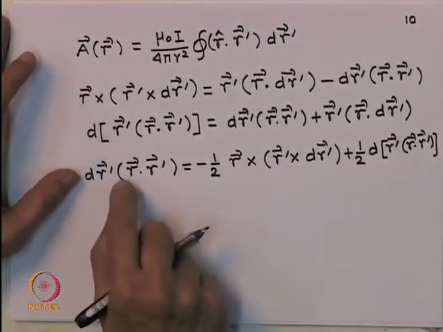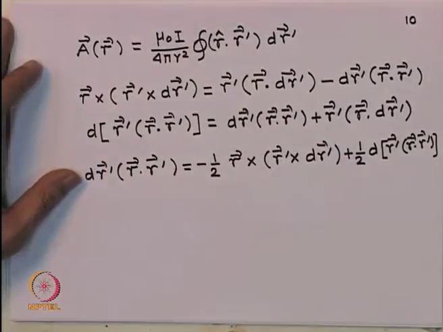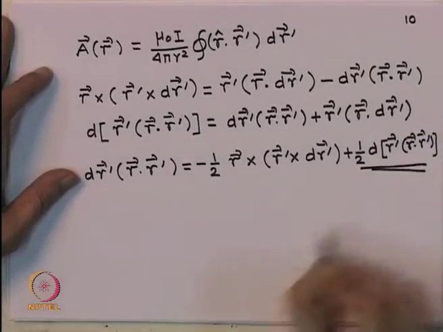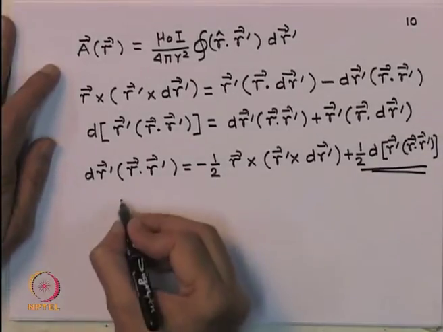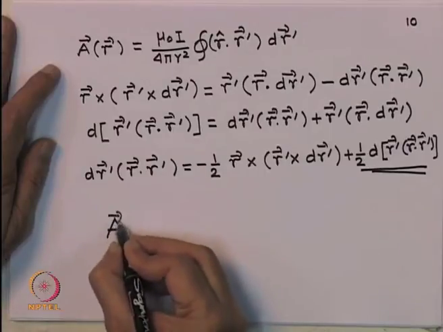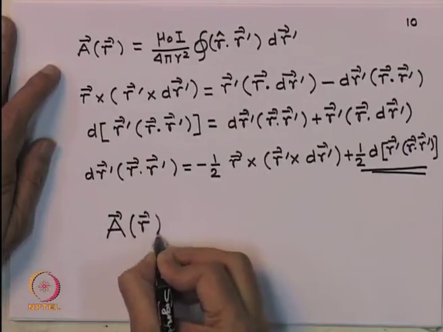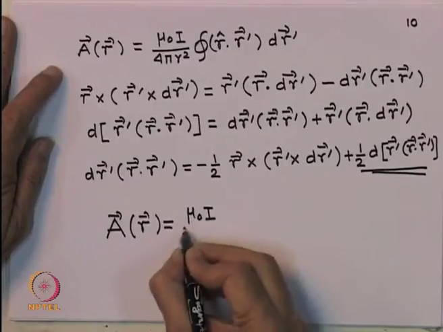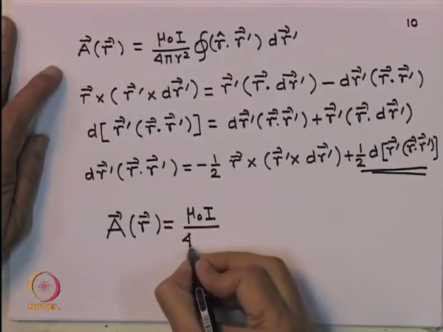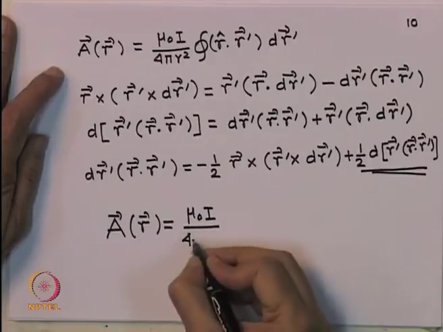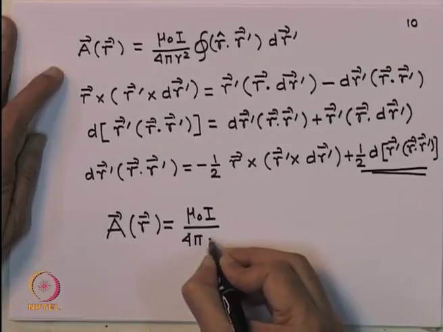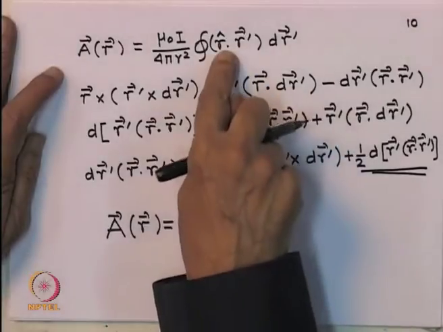Now, remember that I have to put this inside that integral, and that will make this term vanish. So, A of r for the circular current loop, to the order of expansion that we have been making, that is retaining the l equal to 1 term only, is mu 0 I by 4 pi. Now, remember that I had a unit vector there.